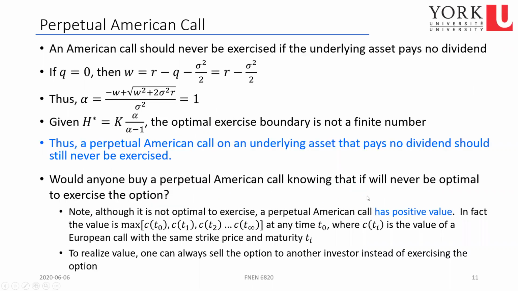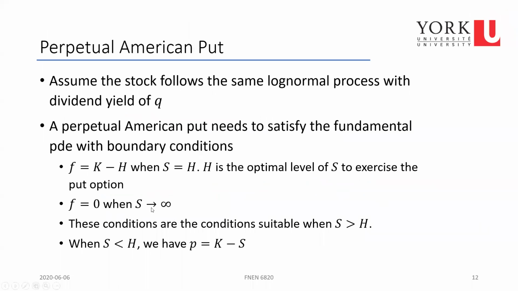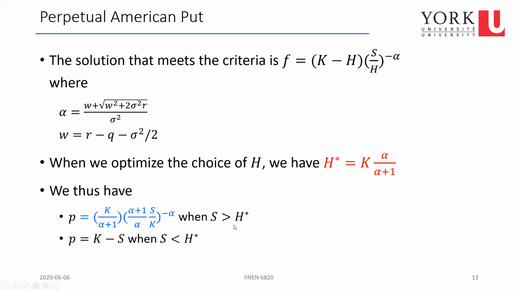Similarly, for the American put, we should derive an equation such that if S approaches infinity, the solution tells us the price of the perpetual American put should approach 0. So let's take a look.